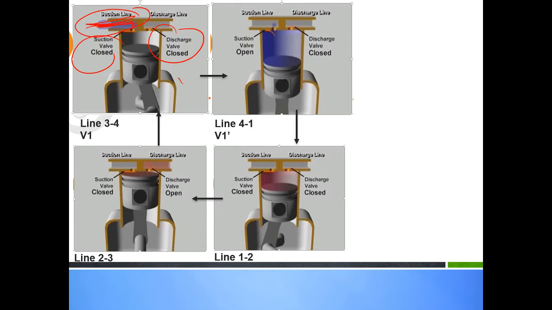Naka-ready dyan sa opening. Mag-open yung suction valve. So, pumasok na yung air. Then, ito naka-close pa yung kabilang valve. Next is, magko-close tong suction valve. Mag-open yung discharge valve. Lalabas yung air. And then, next is, expand ng konti, pero parehong closed.